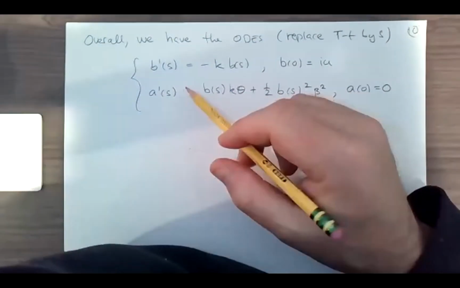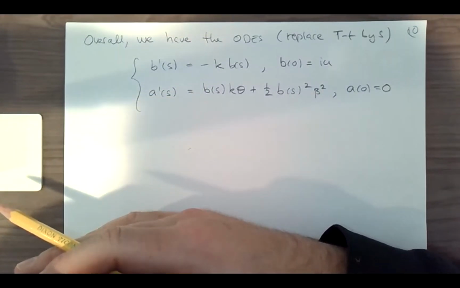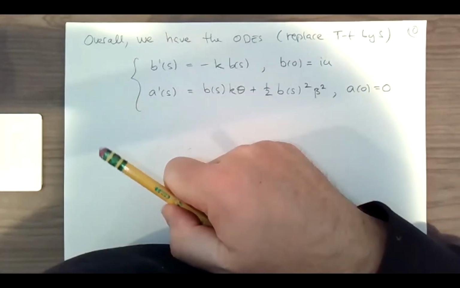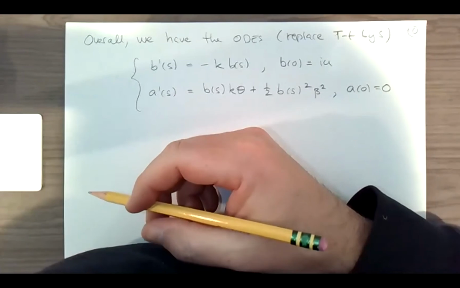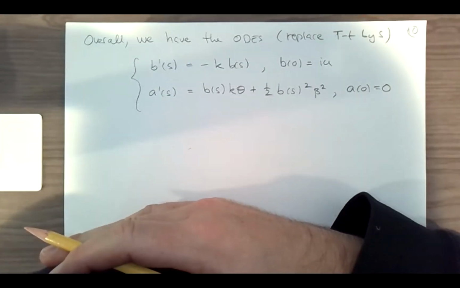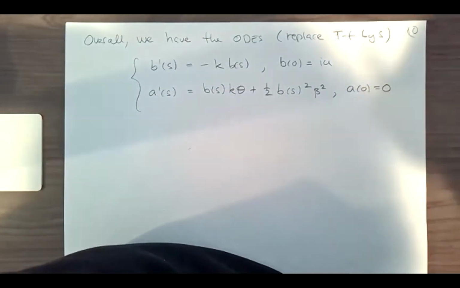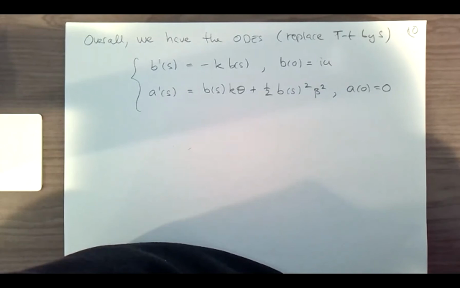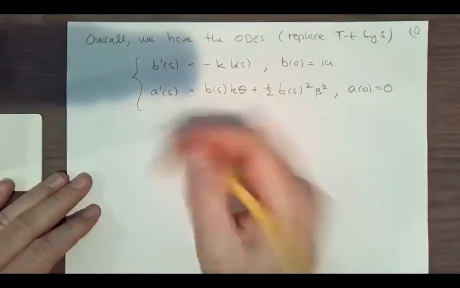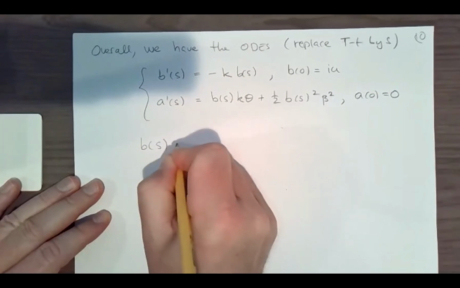What is my function B here really equal to? We write a formula here for B of s.